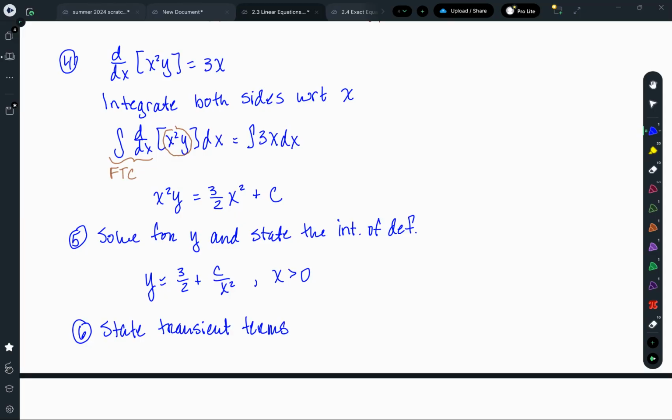But the c over x squared, as x goes to infinity, that's going to go to 0. So the only term in here that goes to 0 is c over x squared. That means it is the transient term. Okay? So those are the particular answers that are being looked for: the solution, the interval of definition, and the transient terms. Okay? Let's try this again.